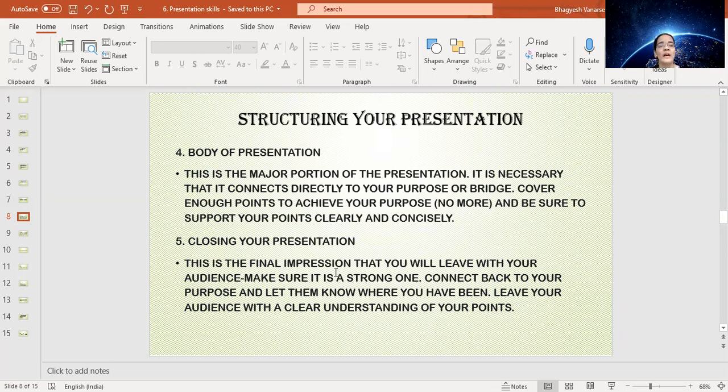Also make a note that in the body of the presentation, all the points should be clearly mentioned in a short way. When I say presentation, it should not be paragraphs of writing. It should be to the point and very concise in nature.